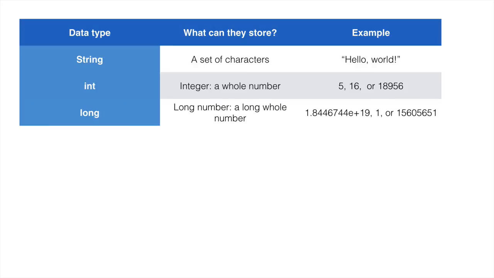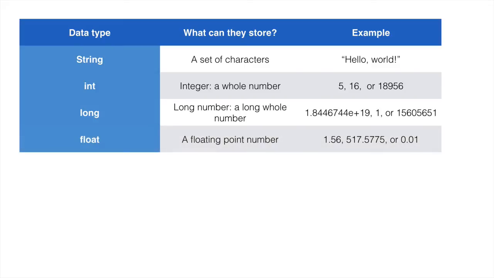The interesting thing about longs versus ints is that a long can store a lot more numbers. An integer can only store up to 2 to the power of 31, whereas long can store up to 2 to the power of 63, which is a lot more. You don't really have to worry about the range. Most of the time, you will use integers.